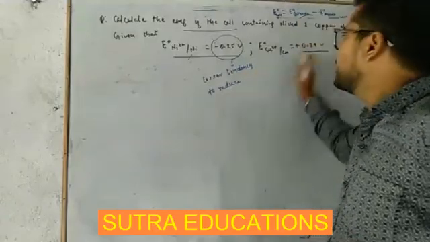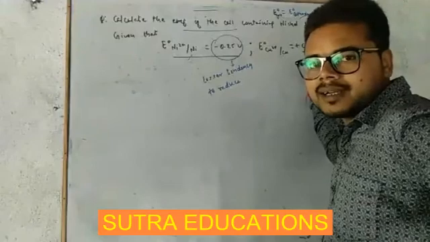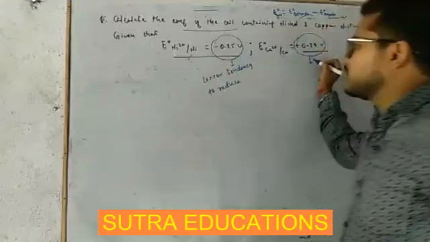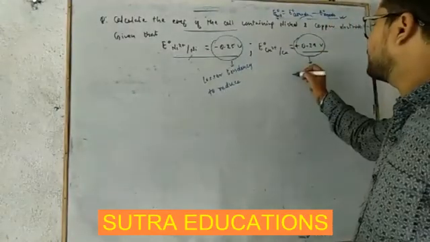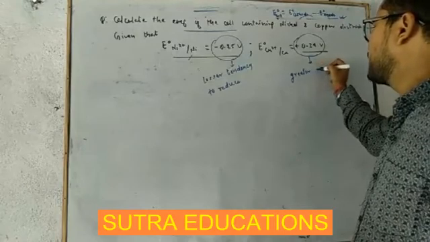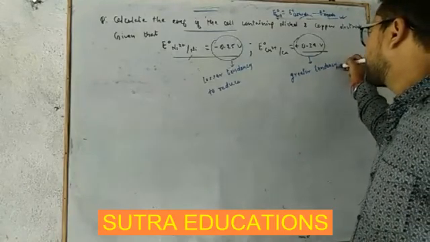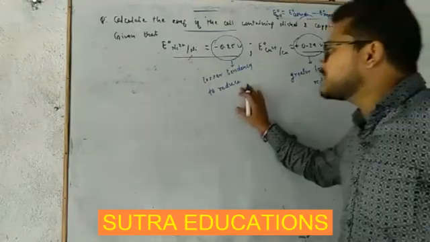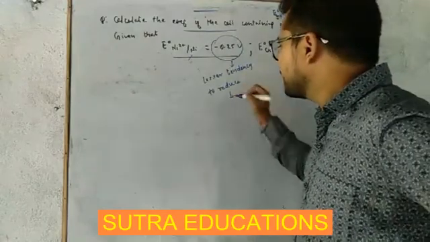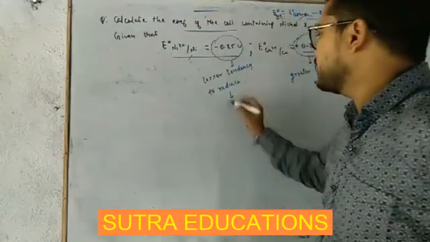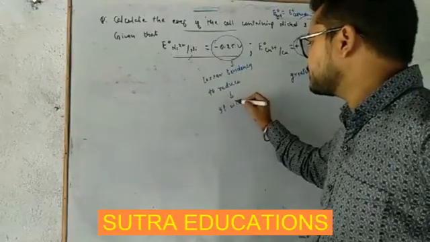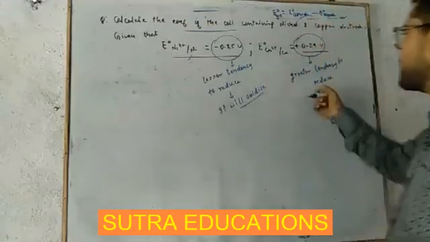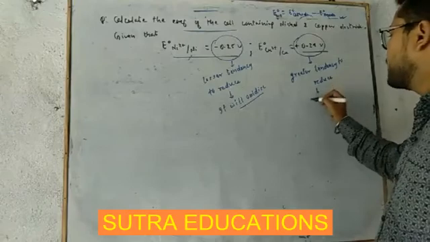And if it is having more standard reduction potential value, means it is having greater tendency to reduce. So if it is having lesser tendency to reduce, means it will oxidize. And if it is having greater tendency to reduce, means it will reduce.